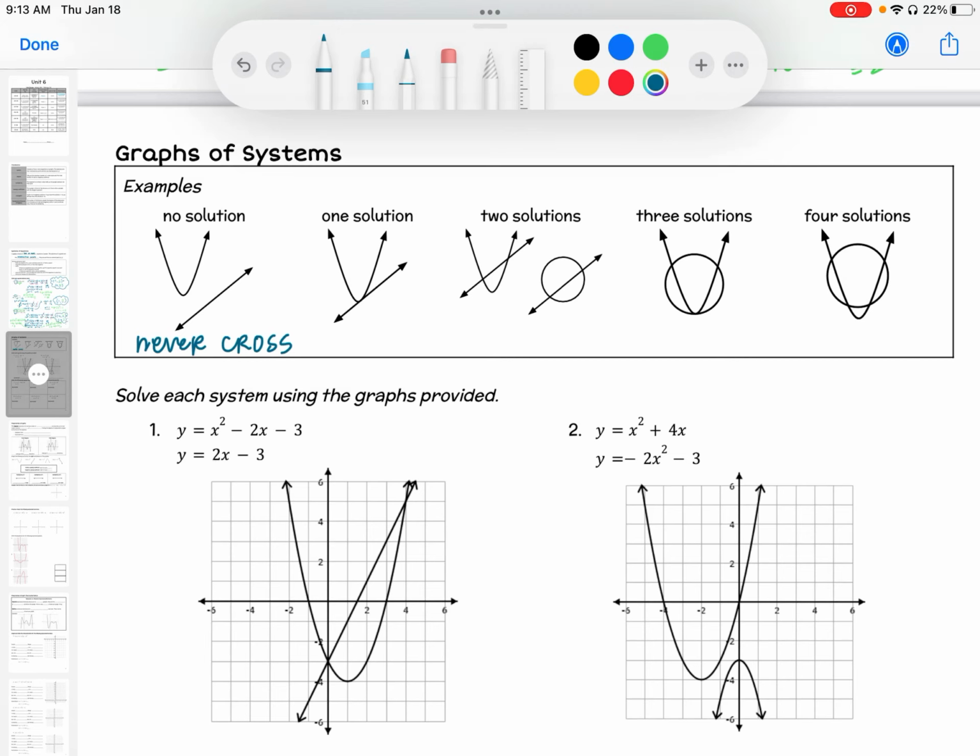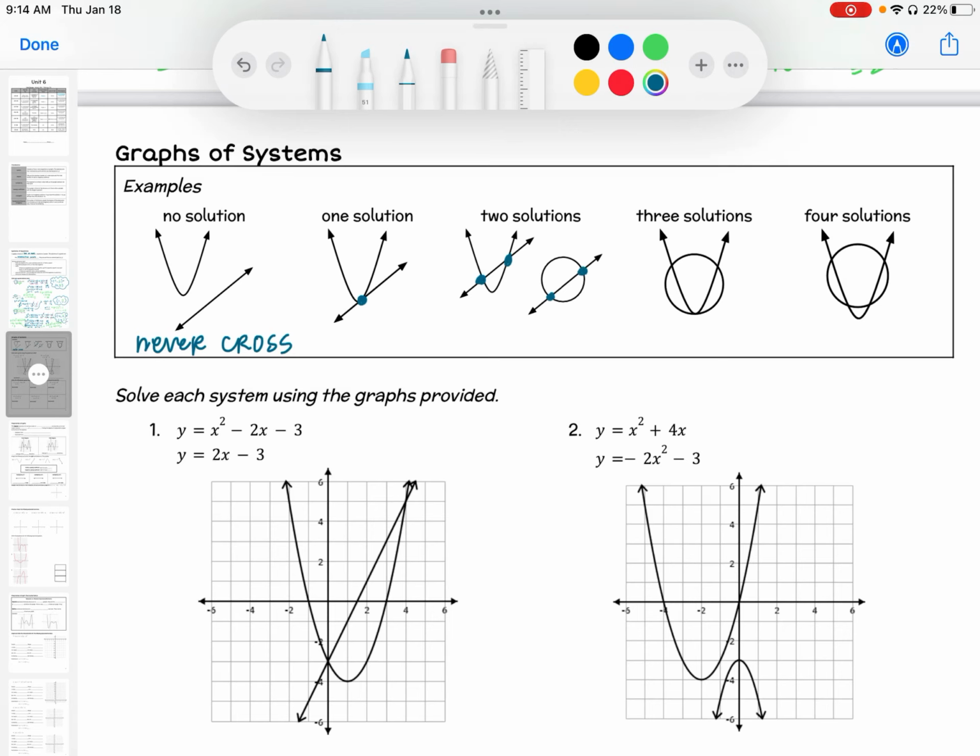One solution, we have a quadratic and a linear function that touch just once. We saw that on the other page with the solving by hand. Two solutions, so these are two different examples. You have a quadratic and a linear. They touch in two spots. And then you have a circular graph and a linear graph.